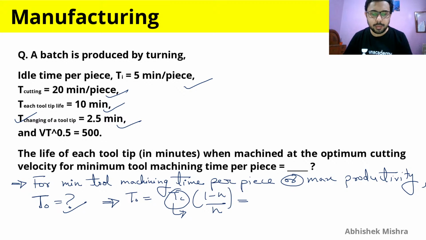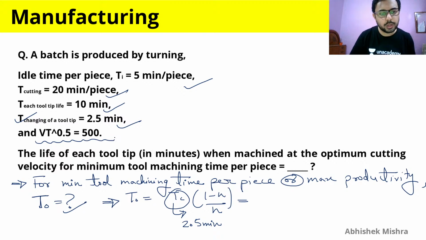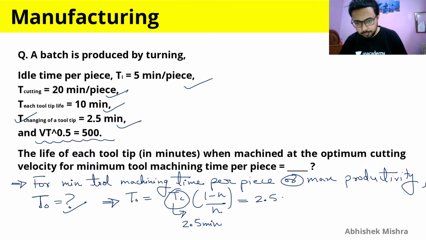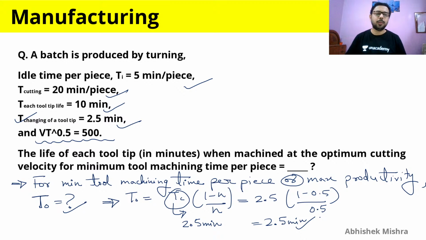TC is the change time, and it is 2.5 minutes, and n is the exponent in this tool life equation. So we will find it as 2.5 times (1 minus 0.5) divided by 0.5. So it is simply coming out as 2.5 minutes. That is the optimum time, that is the life of each tool tip in minutes.